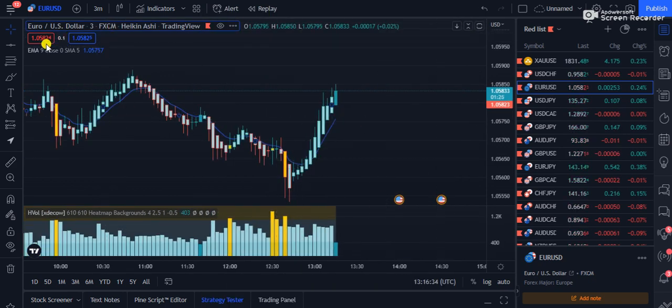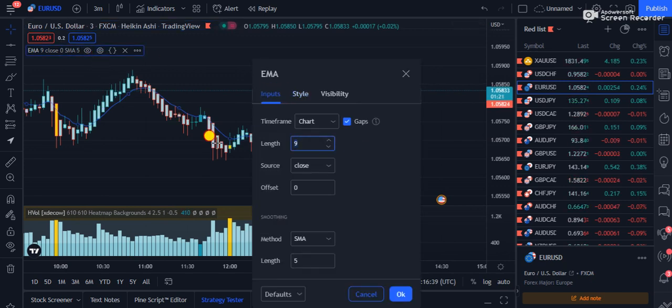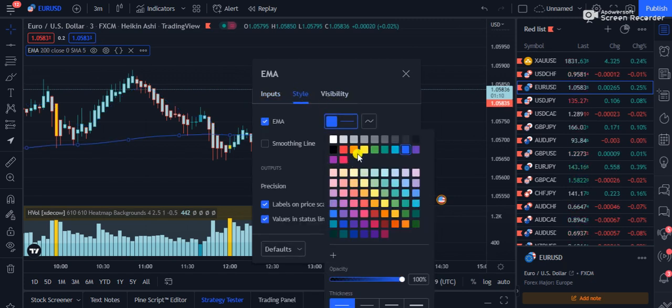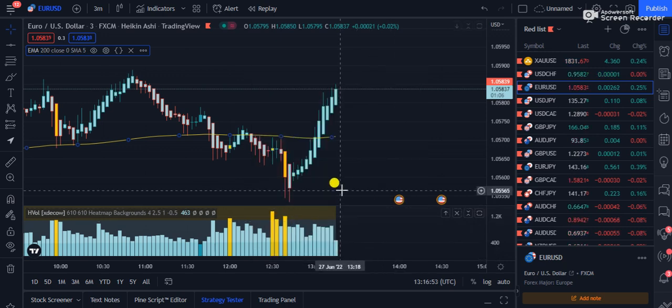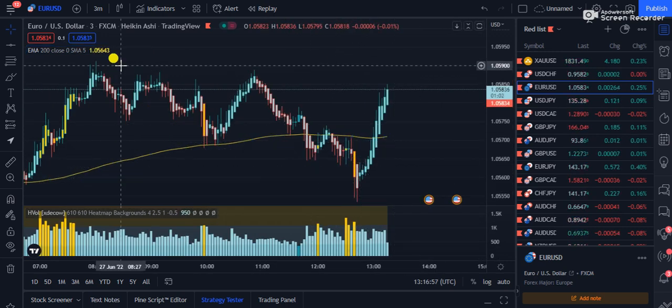In the inputs of the EMA, write 200 into the length, and in the style section change the color to yellow so that it is visible. Press OK, and you can see the EMA is attached on our chart.